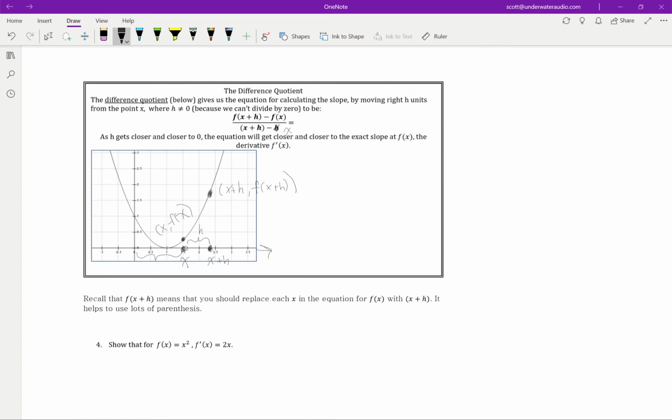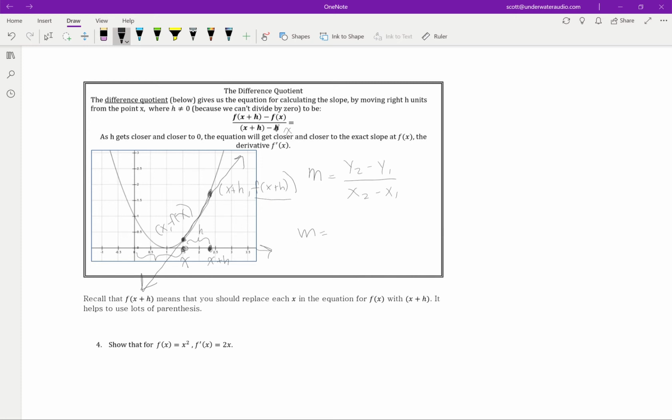Okay, so I've got these 2 points, and let's read our definition again. The difference quotient below, that's this guy right here, gives us the equation for calculating the slope by moving right h units from the point x, where h does not equal 0. And so I'm talking about the slope of the line between those 2 points. We know how to calculate the slope of a line. That's y2 minus y1 over x2 minus x1. So we're going to do it this time with the weird letters that we've got.